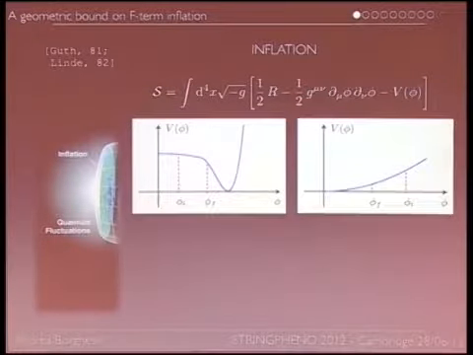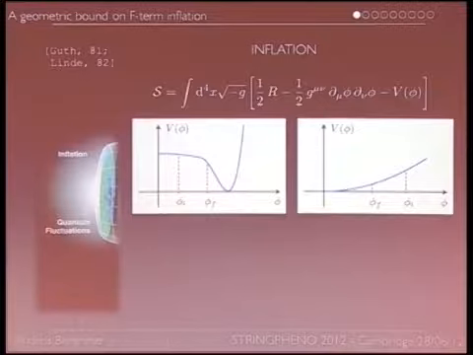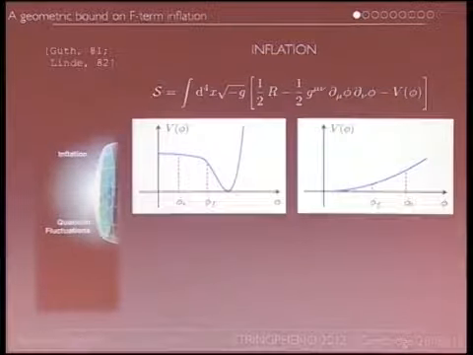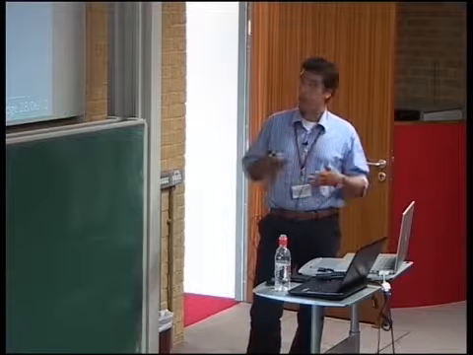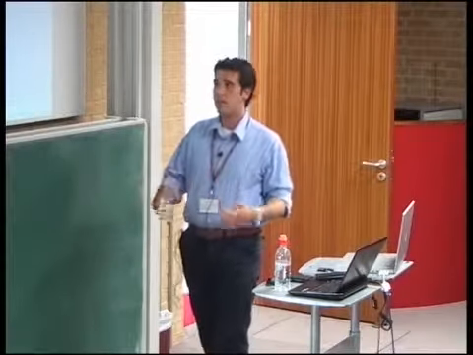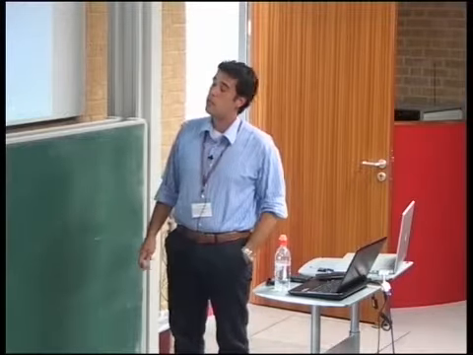This is a theory proposed in the 80s to solve some problems, the flatness problem and the horizon problem. They solve these problems, of course, but they also give us some bonuses. The quantum fluctuation of the field called inflaton provides us with the first seeds of large-scale structure, and so they explain, in some sense, the later part of the history of the universe.